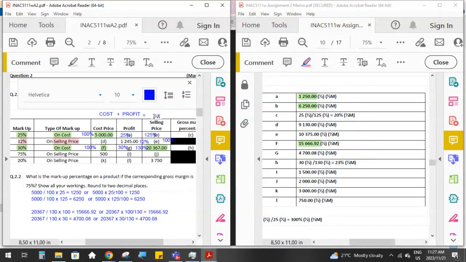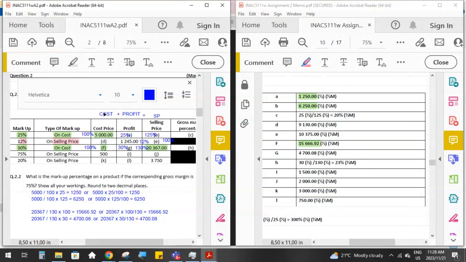So have a look at our calculation at the top here. If selling price is 100, which it is here, and my profit is 12, my sum, cost plus profit equals selling, has to be true. So I've got X plus 12 equals 100.